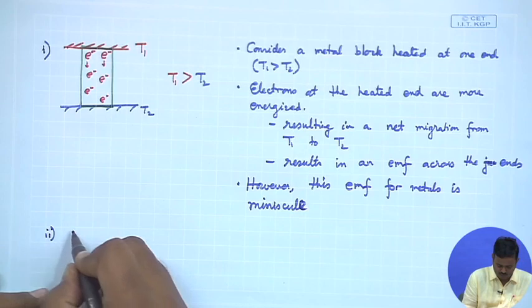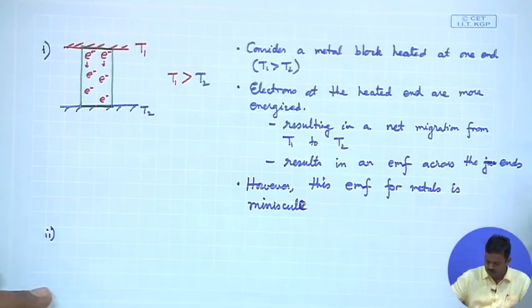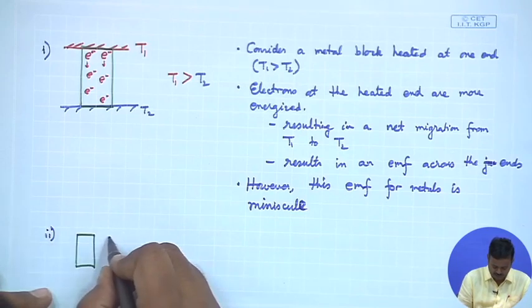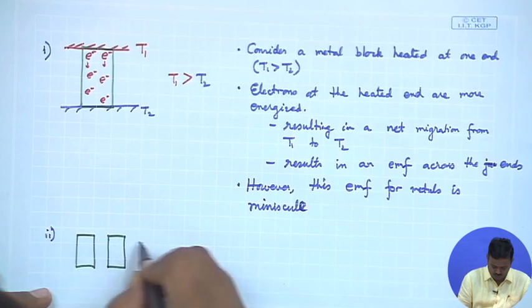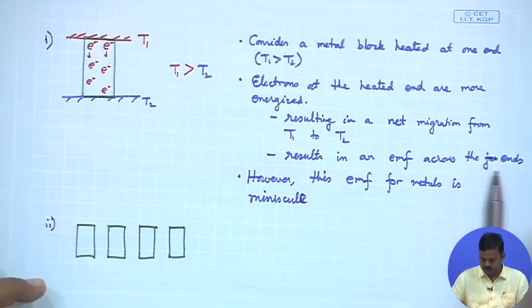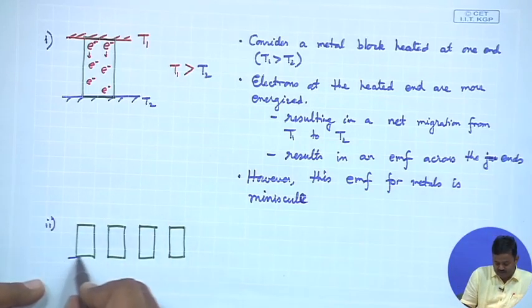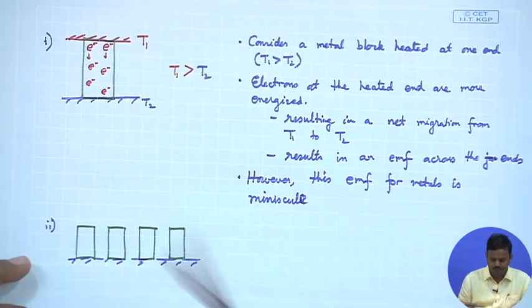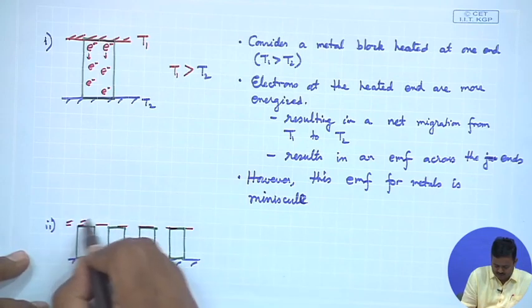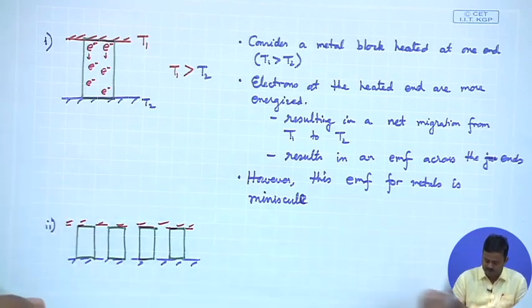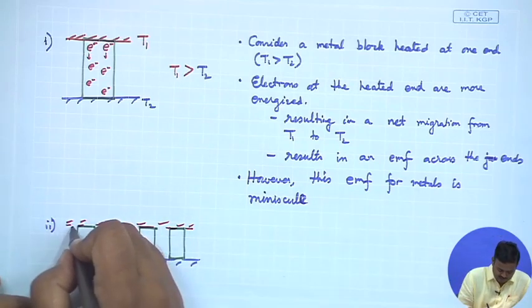Scenario 2: I will have a bunch of these metal blocks, let us say 1, 2, 3, 4, let us say 4 for now, and what I will do is I will maintain this end of all of them at a lower temperature and this end of all of them at a higher temperature. Clear?